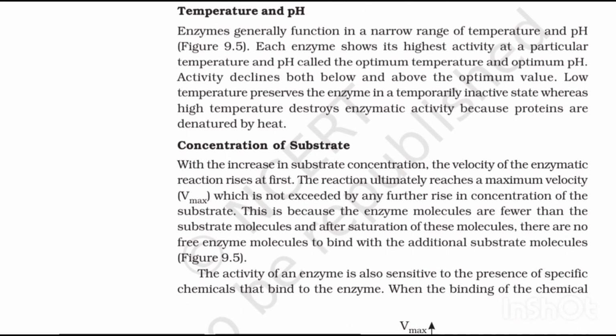Concentration of substrate. With the increase in substrate concentration, the velocity of the enzymatic reaction rises at first. The reaction ultimately reaches a maximum velocity, Vmax, which is not exceeded by any further rise in the concentration of the substrate. This is because the enzyme molecules are fewer than the substrate molecules, and after saturation of these molecules, there are no free enzyme molecules to bind with the additional substrate molecules, which can be seen in figure 9.5.